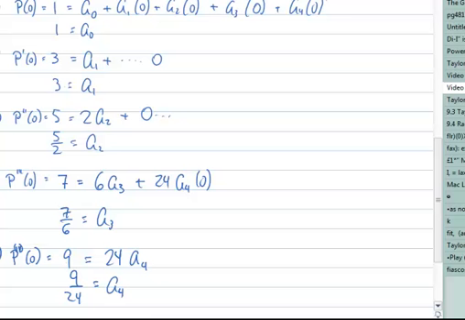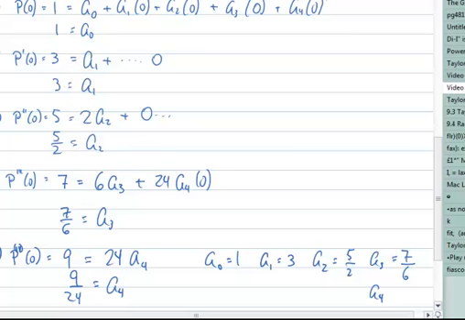With these values, I'm just going to list them here. a sub 0 was 1, a sub 1 was 3, a sub 2 was 5 over 2, a sub 3 was 7 over 6, and a sub 4 was 9 over 24.